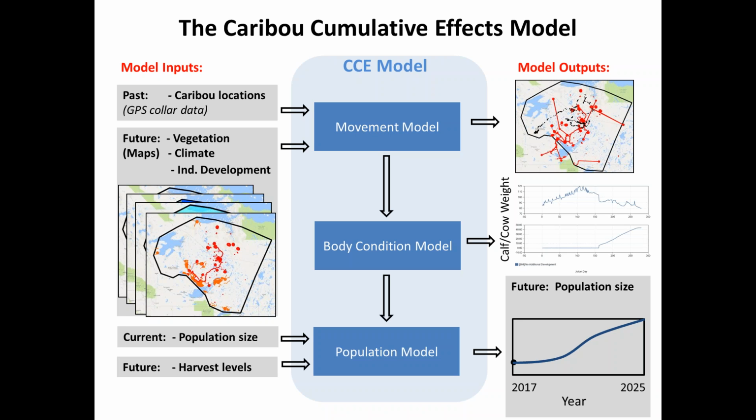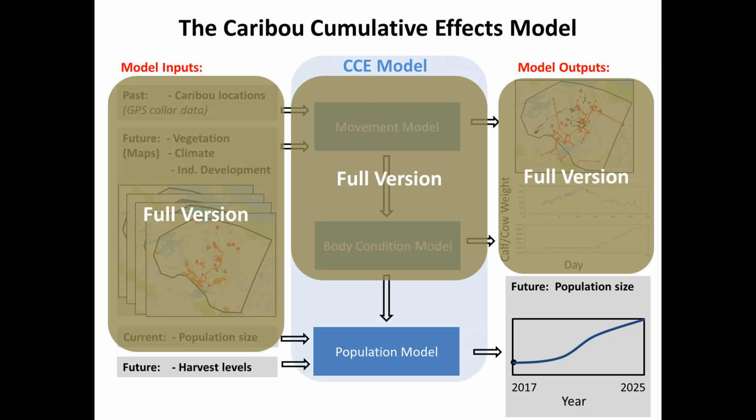And finally, based on these projections in body condition, a third model then uses these along with assumptions about caribou population and harvest to project the fate of the caribou herd over time. And again, there's more detail on all of this in the first video.